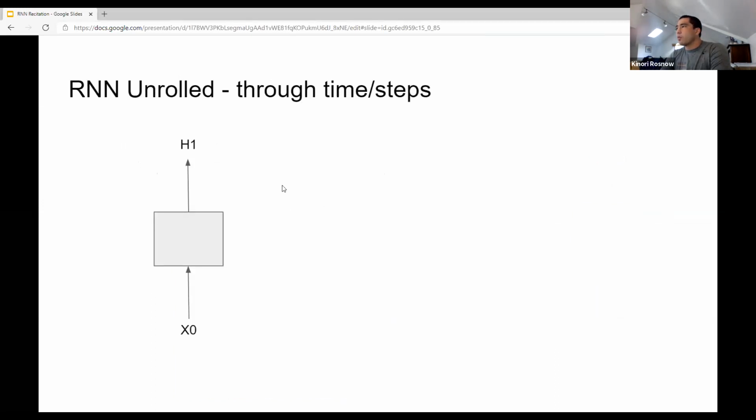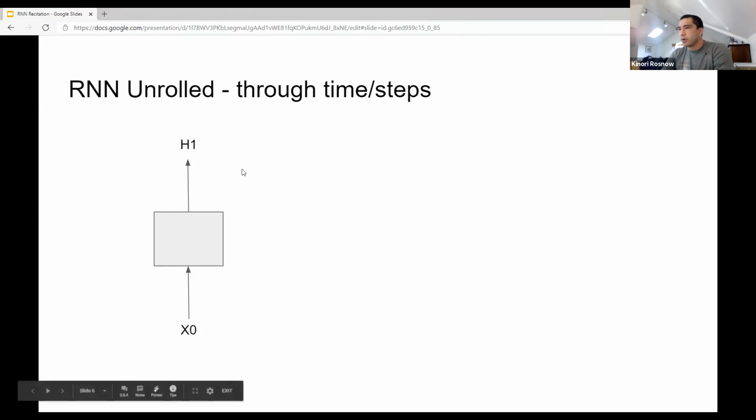So this is what it looks like over time as we iterate through. I'll try to be clearer about what's going on with that output than in the previous imagery. You would take in the first input and you would get out the first output.